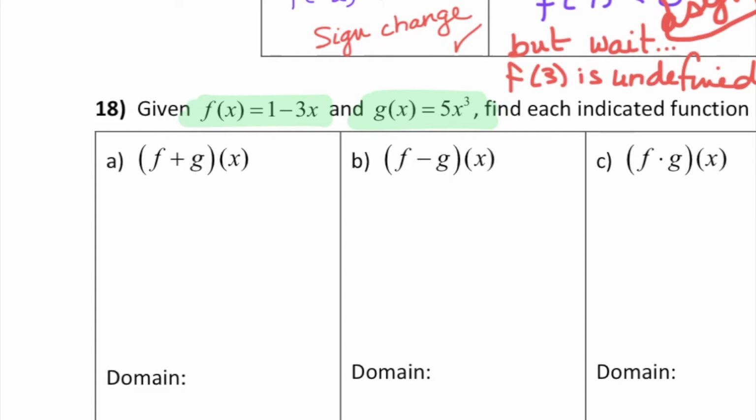Remember that the domain or any restrictions on domains for f of x and g of x could impact the restrictions on the domain of your answer function. And so keep in mind, it may just be all real numbers, and most of the answers for number 18 are, but in number 19 you really need to keep that in mind. So I'll bring that back again in number 19.